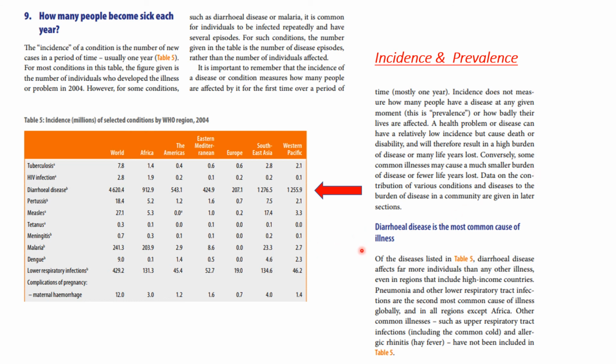Diarrhea is the most common of these diseases. It turns out this is a major thing, and although in the United States we don't have people dying from this, usually in other countries that is far from the case. And so it talks about some of these incidents and things like that. So there is a difference between incidence and prevalence.